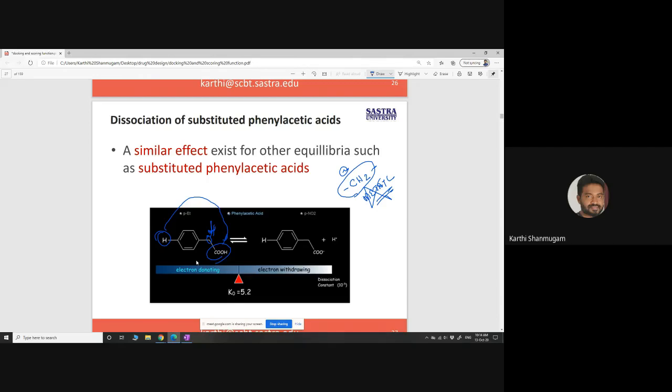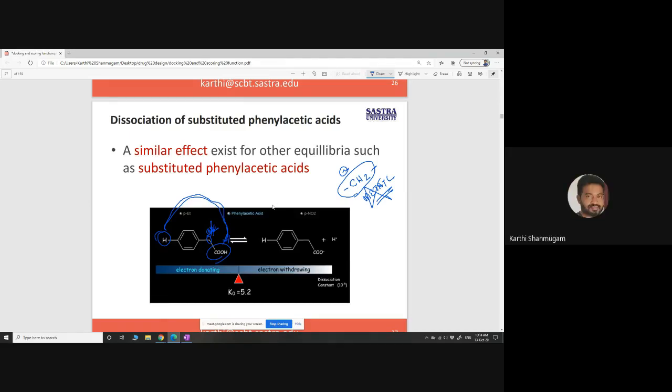Again, I repeat, because of the addition of one extra CH2 group, the distance between the hydrogen at the para position and the hydrogen attached to COOH increases. Am I right? Yes, sir. Yes, right. Okay.